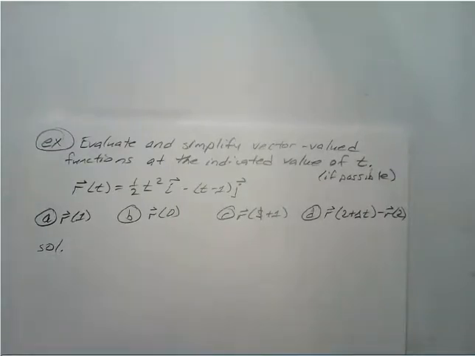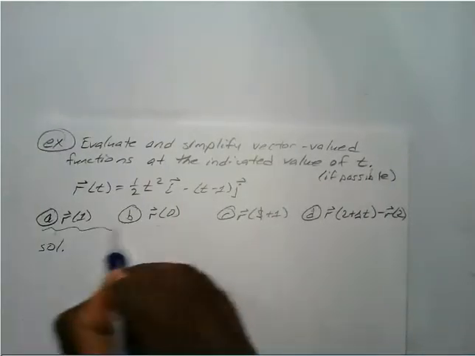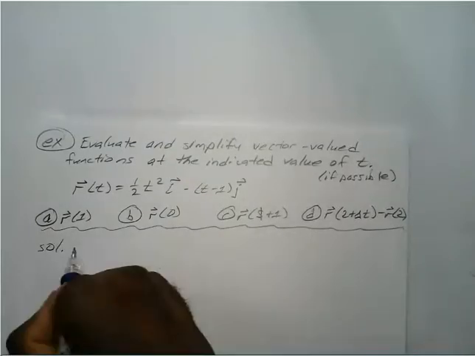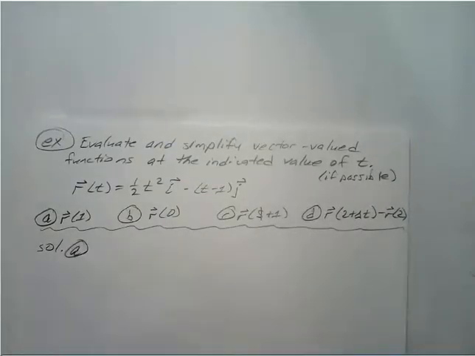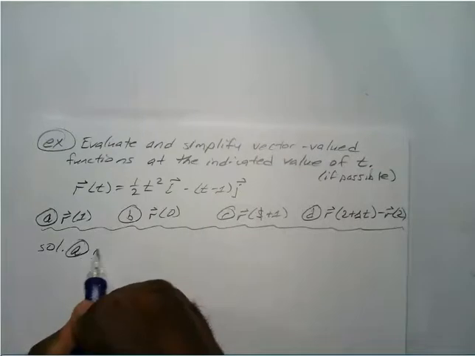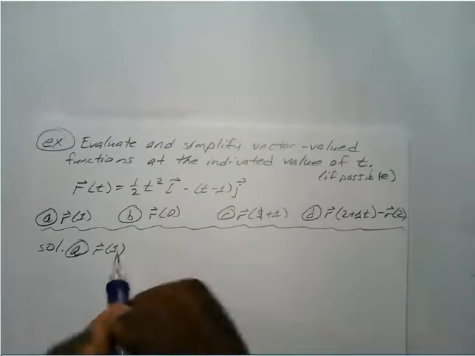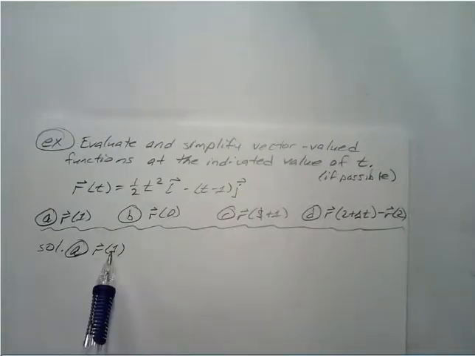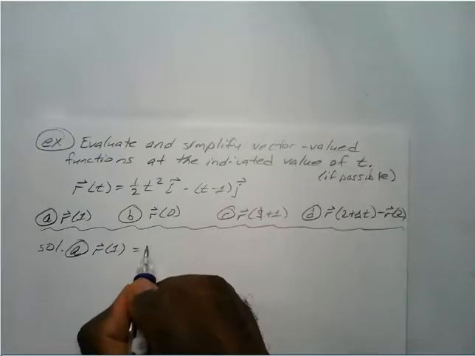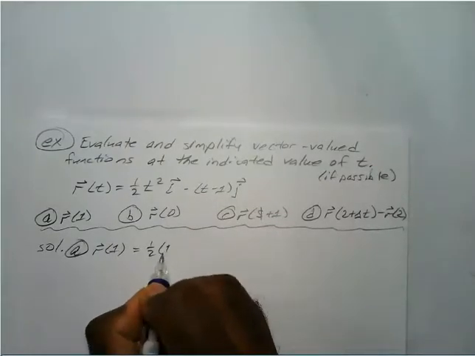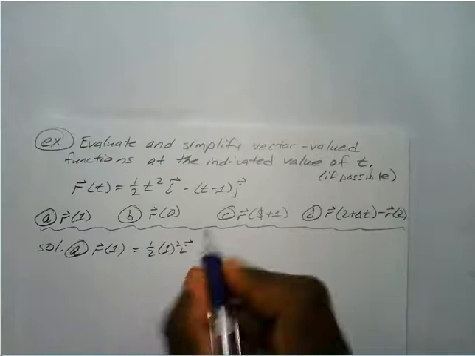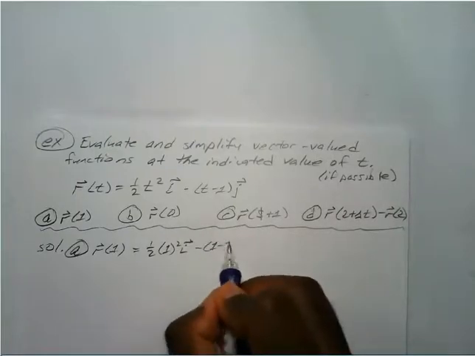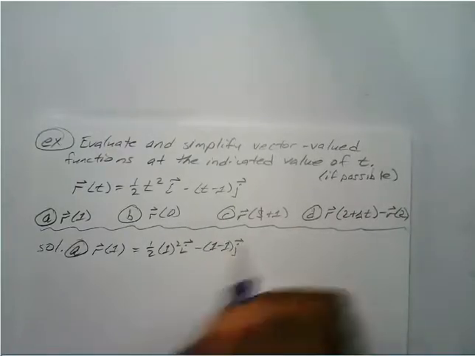So let's do a little separating here. For problem A, we have r of 1, which of course just means we replace all of our t's with 1. So you have 1/2 times 1 squared times the i vector minus 1 minus 1 times the j vector.